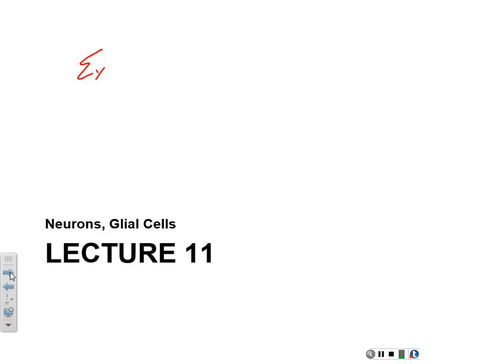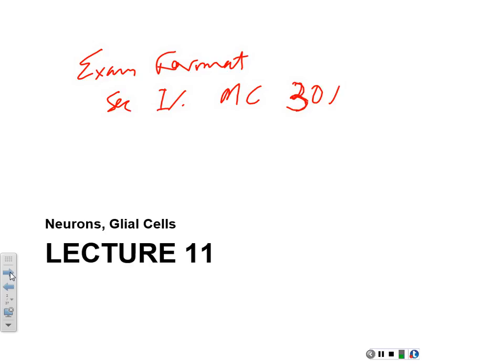It's going to be very similar to what we've had before. Our section 1, of course, is the multiple choice, right? And you have 30 times 1, not 20, which is 30 points. And then section 2, the usual short answer questions, all right?